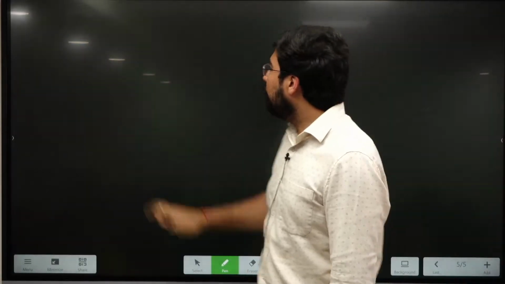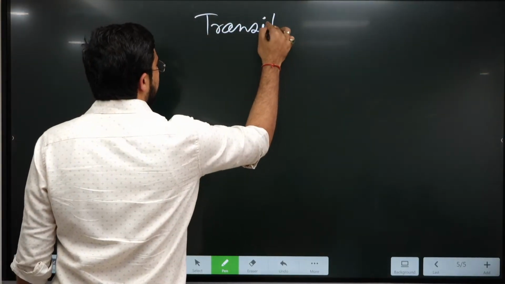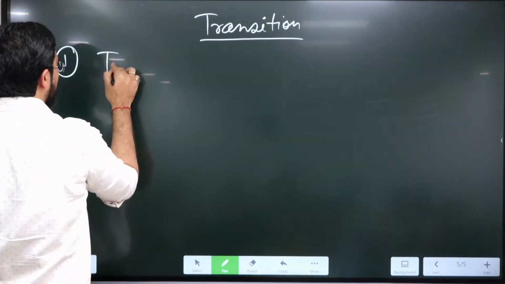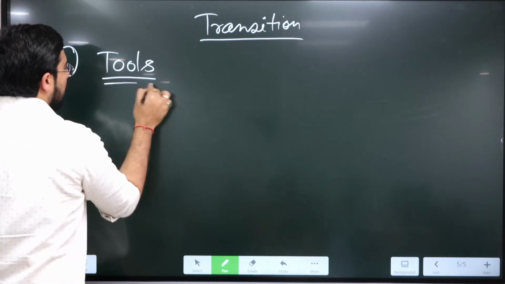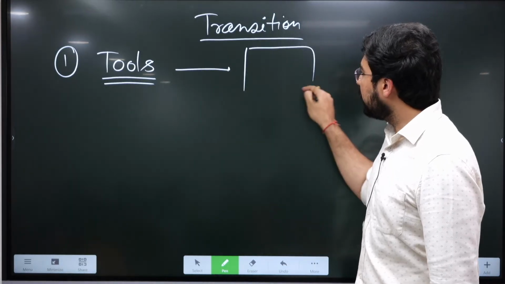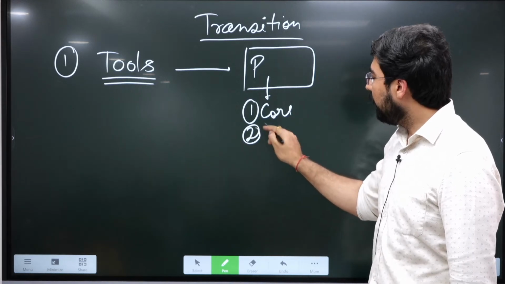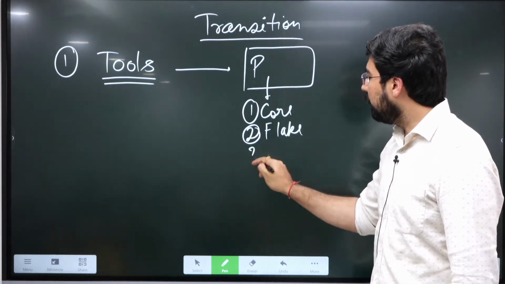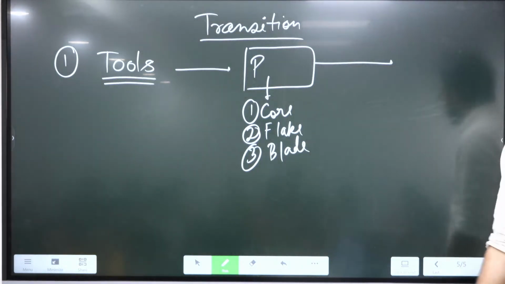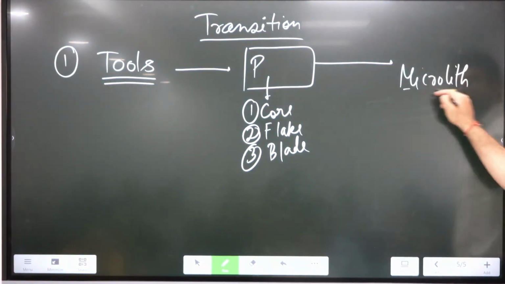All right. So when it comes to transition, we have to understand on what basis transition is going to happen. Like if we see tools, there is a shift from tools which were created in Paleolithic, which were on the basis of core, flake and blade. These were the three technologies which were being used, and this shift transition we see towards microlith. This is just to remember the transition.